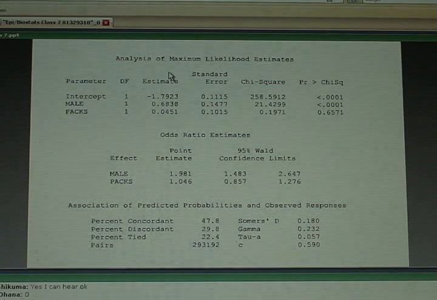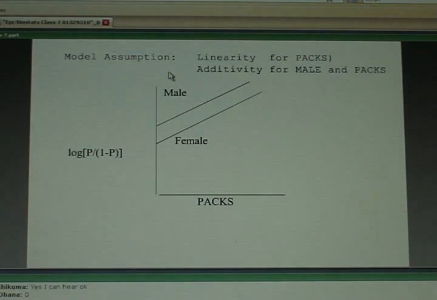Males, on the other hand, have a value of 1 for male. So their model becomes minus 1.79 plus 0.68, which is like a minus 1.1, plus 0.04 times their smoking level. So they have another line with the same slope, but a different intercept.